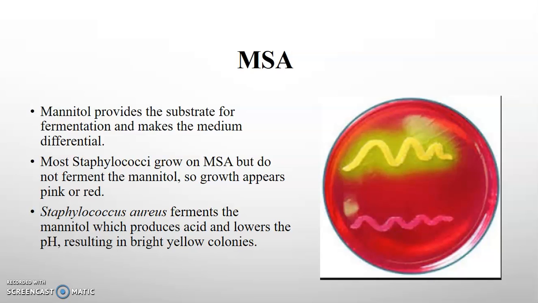If you're looking at a type of Staphylococcus that does not ferment mannitol, it will grow pink. And we see these color changes because of that pH indicator. Remember, if the pH goes down, that's what causes the yellow color change. If the pH stays the same or increases, that's what causes this kind of bright pink change that we see here as well.